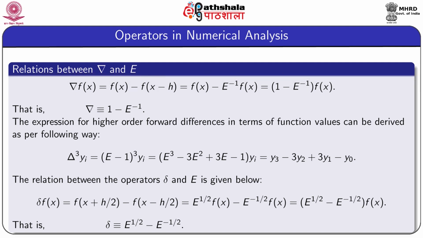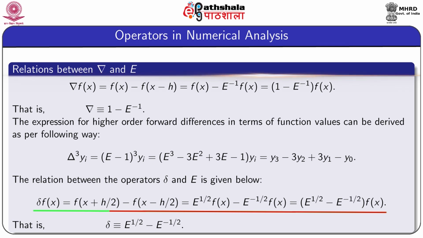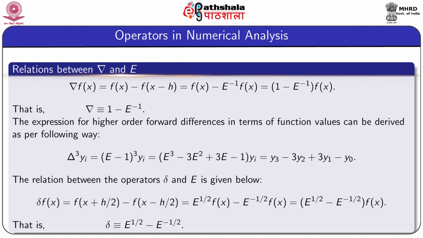In terms of the central difference operator small δ, δf(x) equals f(x+h/2) minus f(x−h/2), and in terms of the shift operator, this expression becomes E^{1/2} f(x) minus E^{−1/2} f(x), and it is equal to (E^{1/2} minus E^{−1/2}) f(x). That means the central difference operator is equivalent to E^{1/2} minus E^{−1/2}. This is the relation between the central difference operator and the shift operator E.